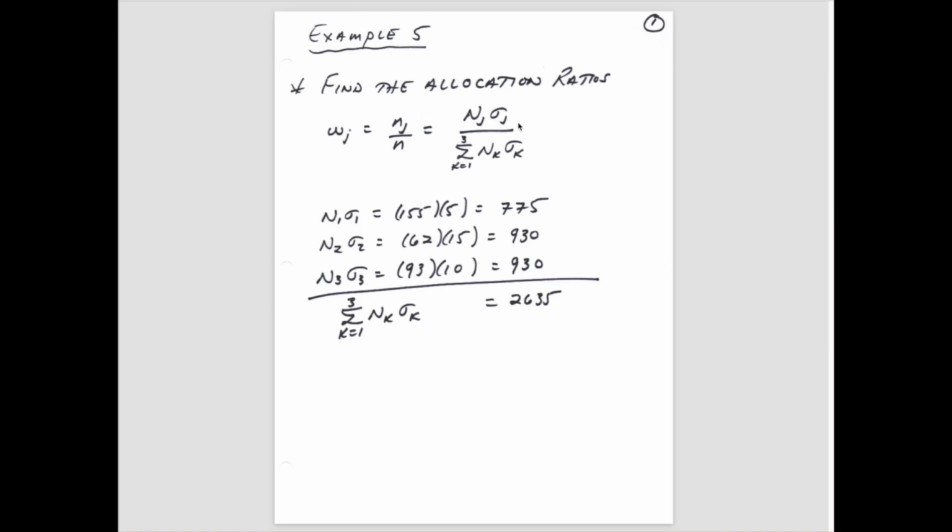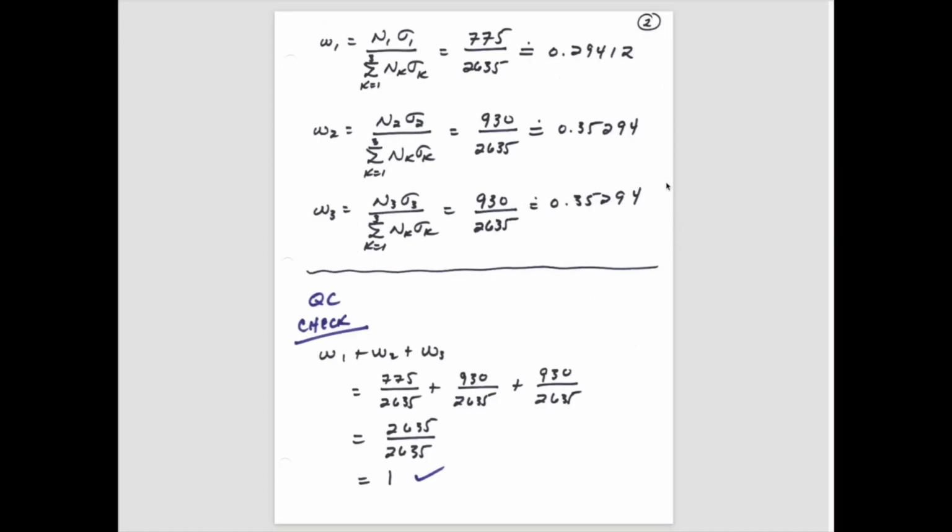So these are the strata standard deviations. So we need to be careful that we take that into consideration here. And so these are the products, the strata sizes times the strata standard deviations. The sum of those values is 2635, and so the allocation ratios are given by each of these values over 2635, and so that's how we come up with these values here.